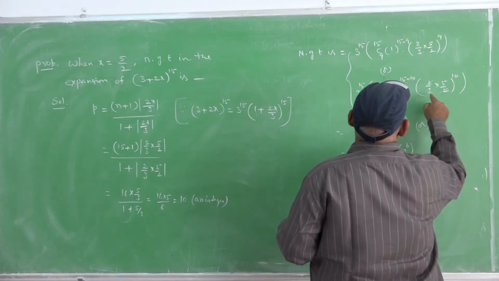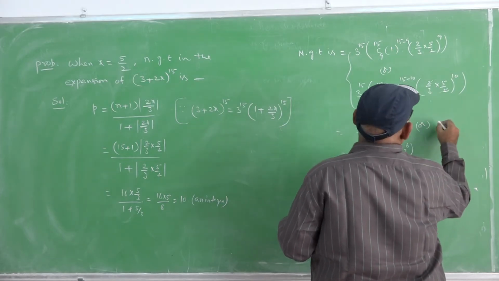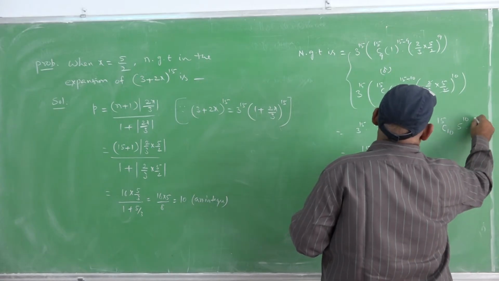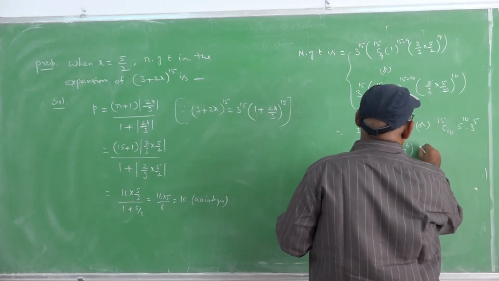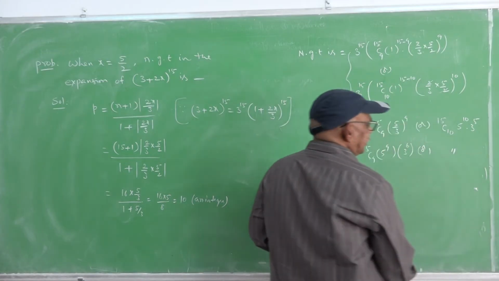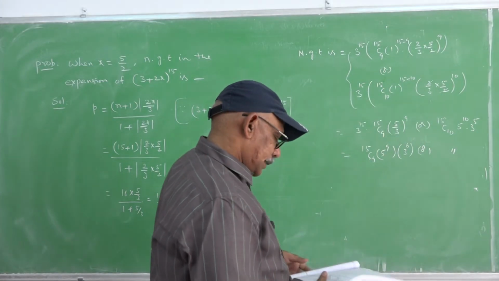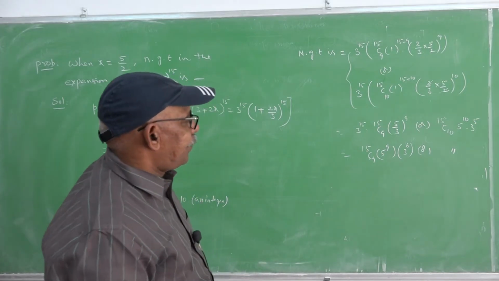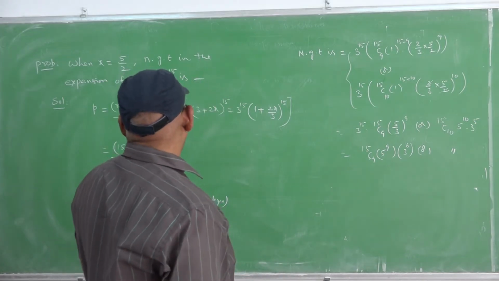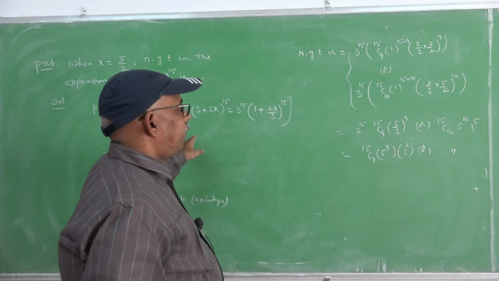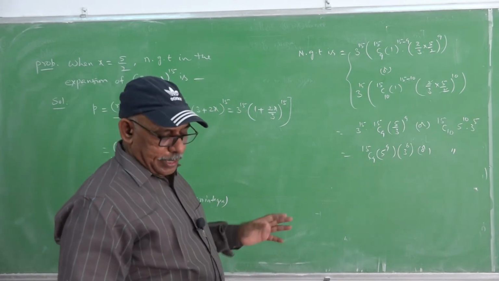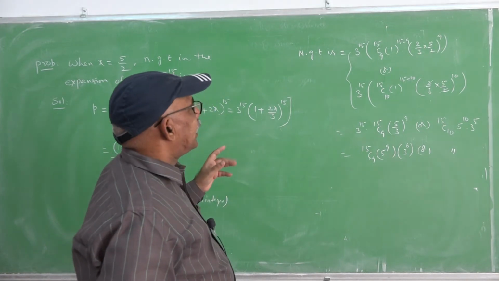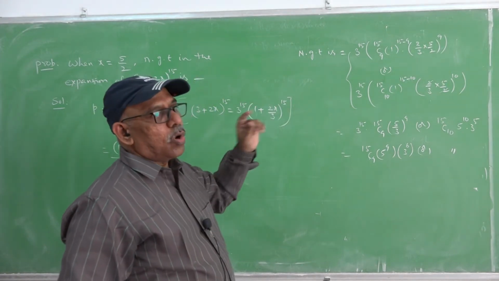You can still calculate 15C9. So the numerically greatest term of this expansion is either the 9th term or the 10th term.